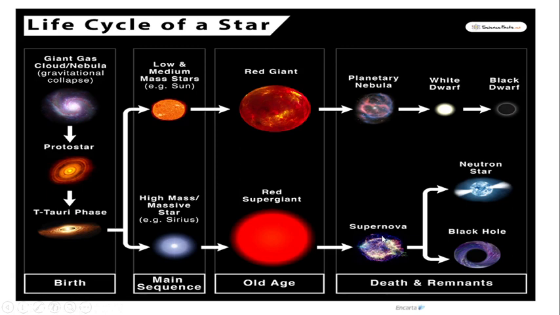Now, for the supernova, there's a large explosion that releases all the matter and elements contained in the star, leaving behind the neutron star or a black hole. For a medium-sized star, we have a white dwarf left behind, which further cools off to a black dwarf.